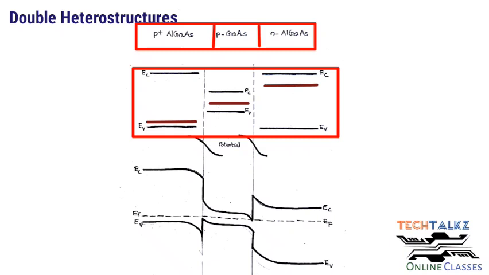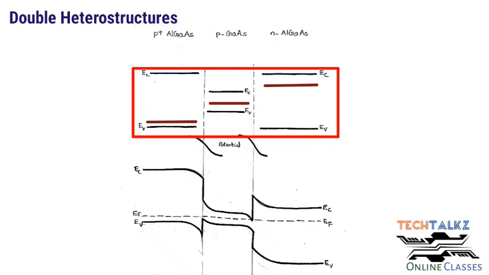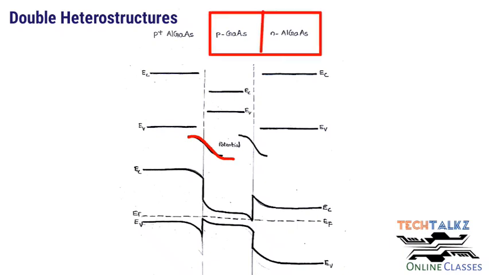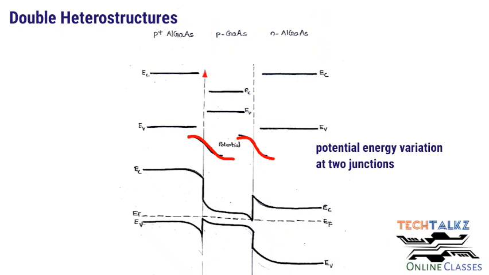When you join, there is a P plus and P junction. The charge migration will be like a PN junction. Okay. So the potential energy variation will be like this. Then here also there is a PN junction and there is potential variation just like this. Then here is energy discontinuity delta EC at these two junctions and delta EV here and here.